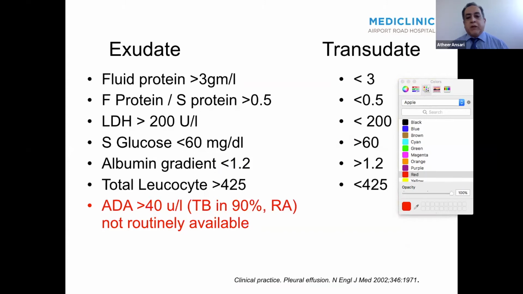The simple analysis or definition by experts is what represents exudate in terms of a pleural fluid protein to serum protein ratio, LDH, glucose; all these you see, cells, and transudate is usually when you have less of that. However, this is not a very clear or definite guideline.